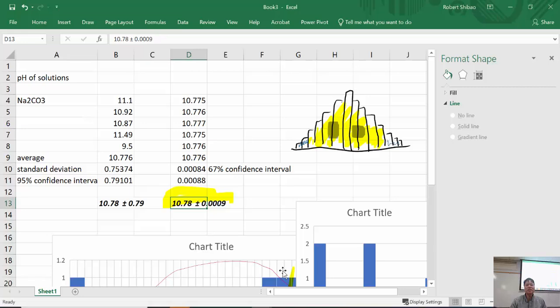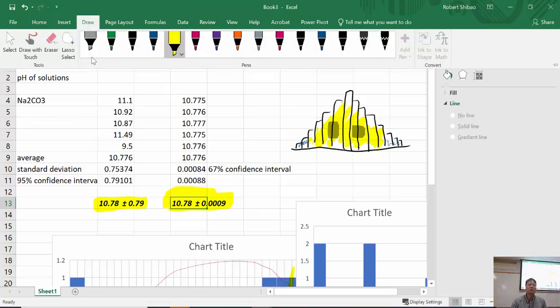So what this says is that we have 95% confidence that the true average, the true value, lies within this range here. Whereas in this one, we're a little bit uncertain. We have to have a wider range. So the pH can range anywhere from 10.01 to 11.57.